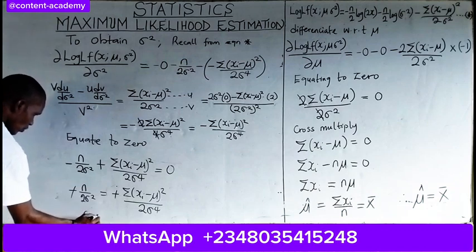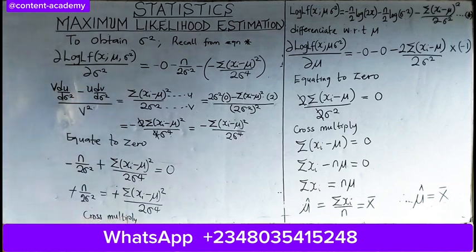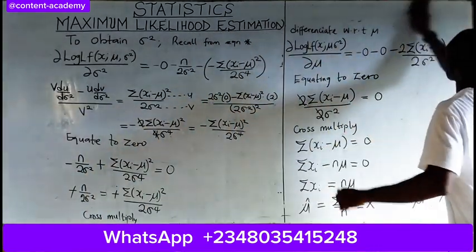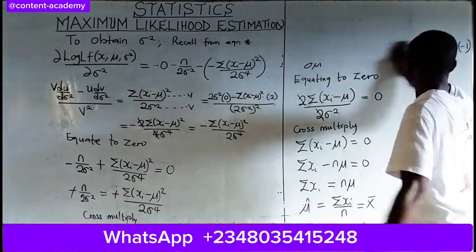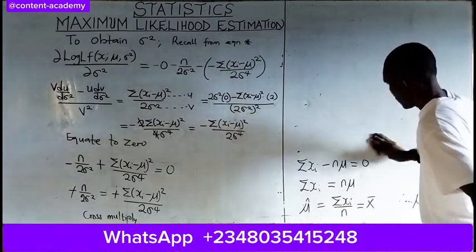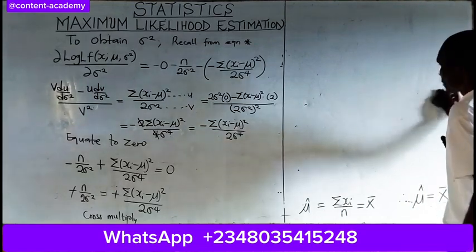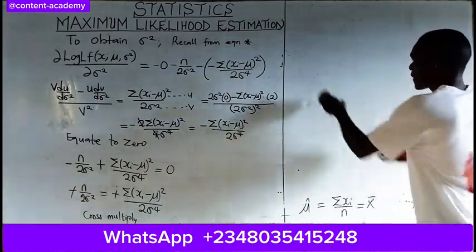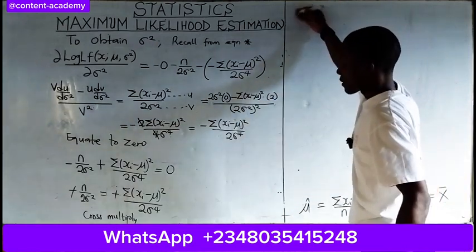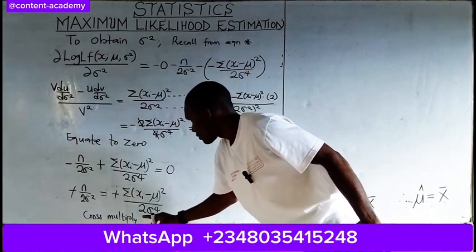The next thing we do is to cross multiply. We come over to this side again. We cross multiply. So if we cross multiply, this will go over to this place and this will come over to this place. That's it.